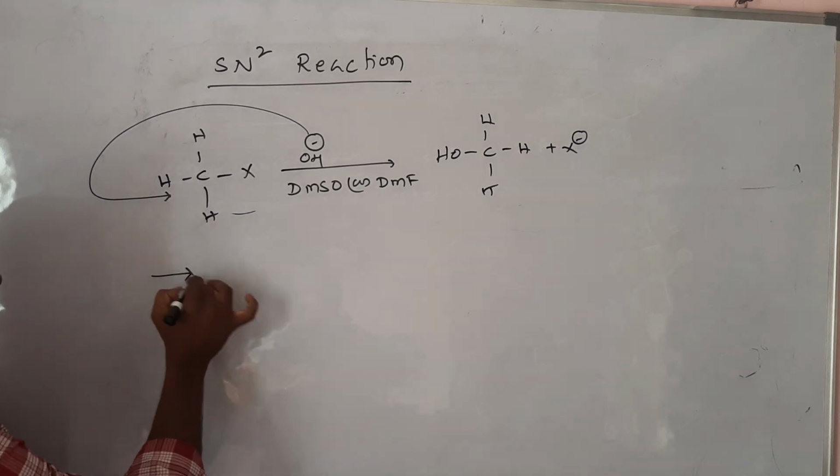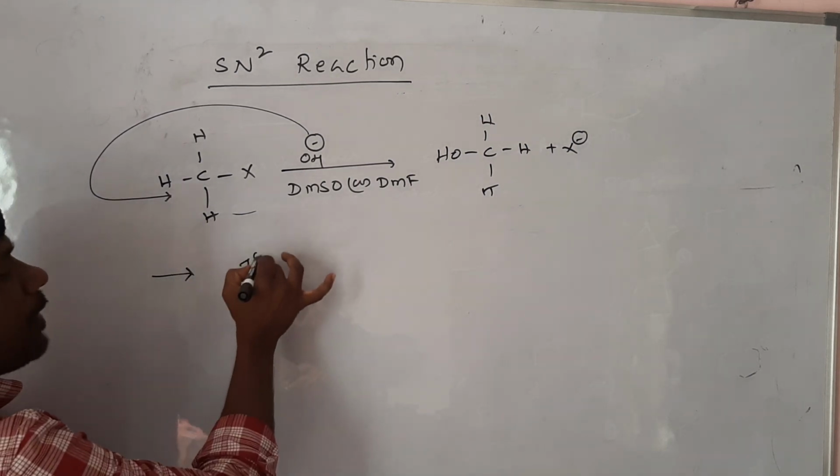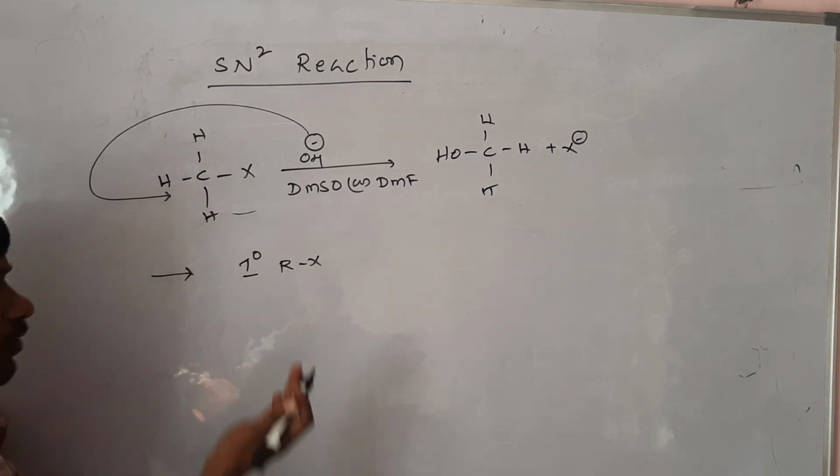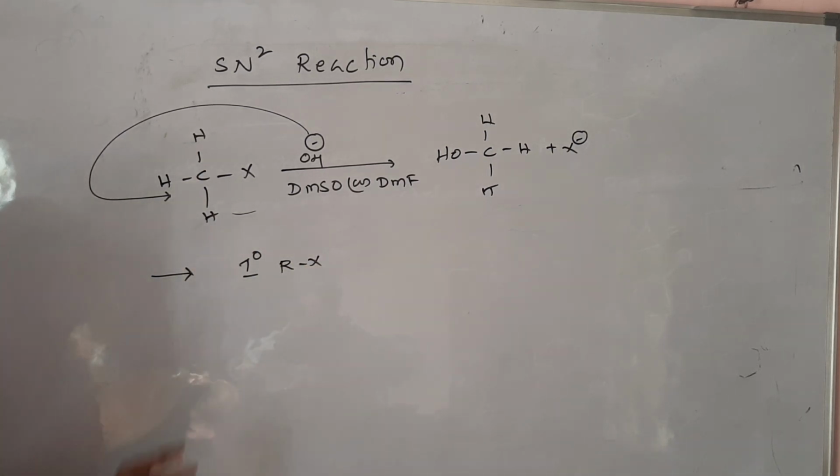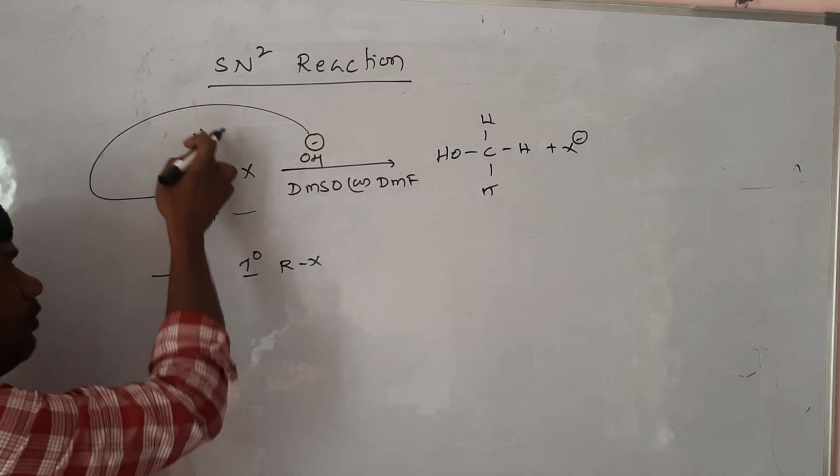In this case, it involves only primary alkyl halides. Why? What about secondary and tertiary? Because repulsion is possible. Whenever the nucleophile attacks, there should be free space.